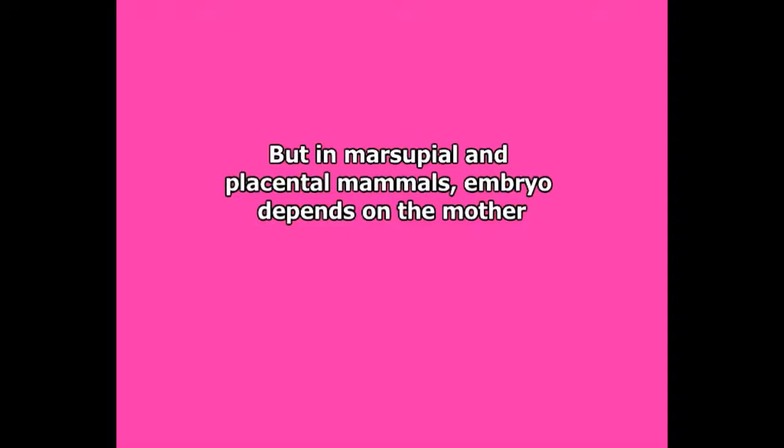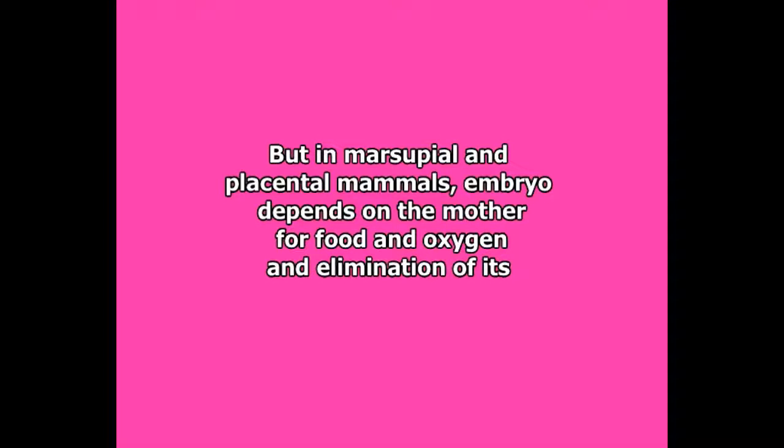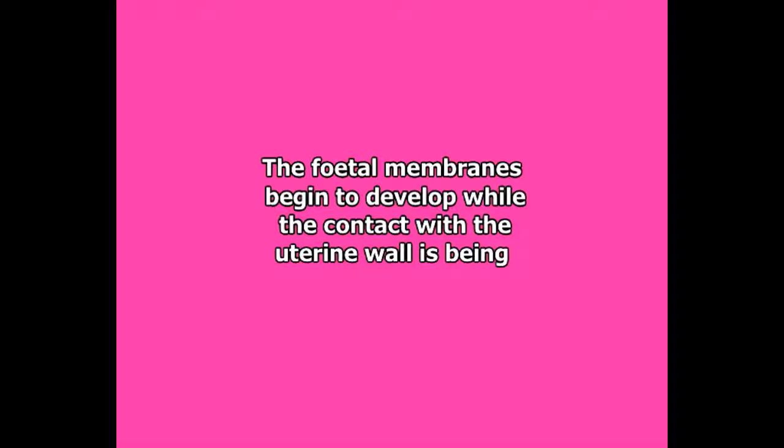But in marsupial and placental mammals, embryos depend on the mother for food and oxygen and elimination of its own wastes. The fetal membranes begin to develop while the contact with the uterine wall is being established.